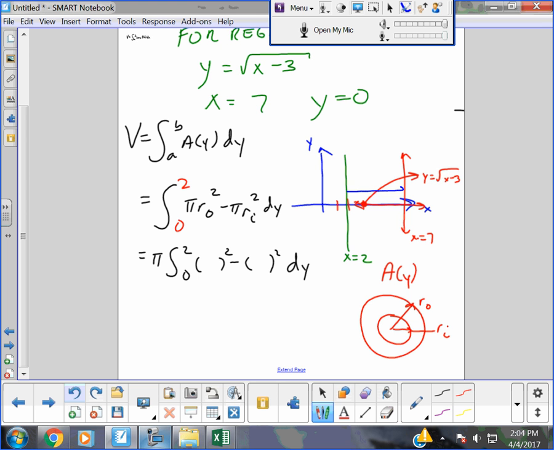What's the distance from 2 to 7? 5, right? My RO is always 5. That's 5 squared. Or you could say 7 minus 2. Does everybody agree with that?